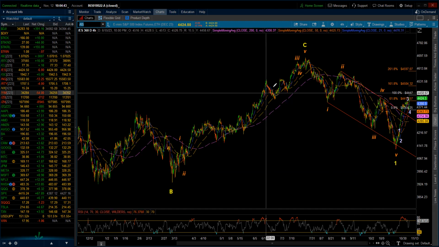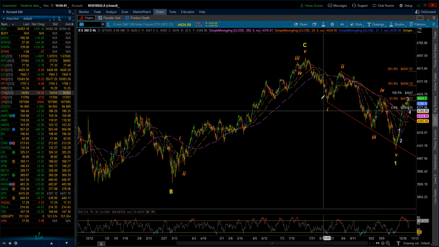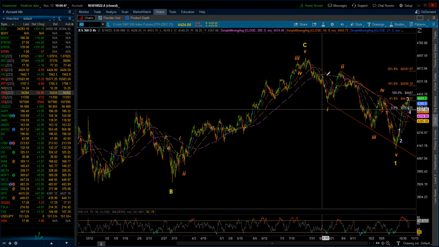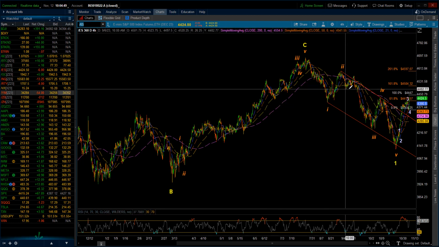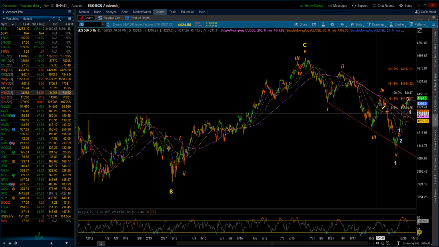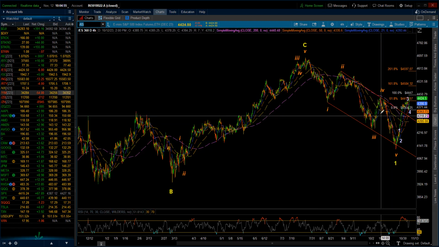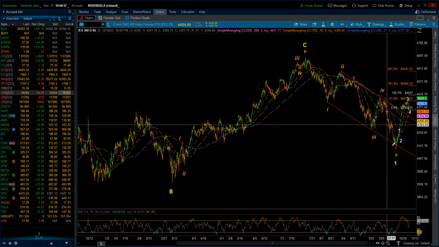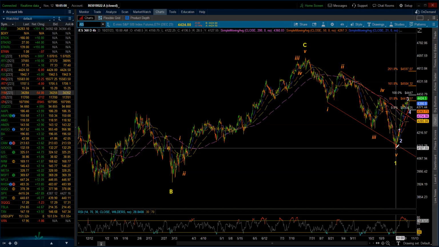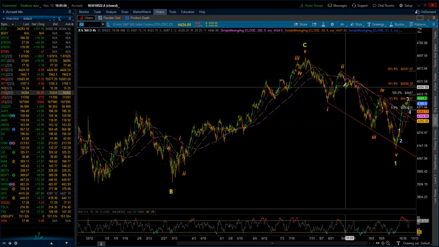So each one of these is a zigzag. Wave 1, zigzag. Wave 2, zigzag. Wave 3, zigzag. Wave 4, zigzag. Wave 5, zigzag. All of them form zigzags. So that is met.